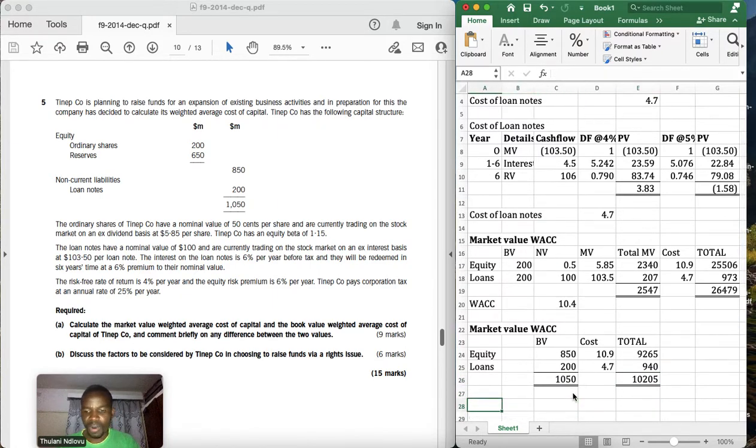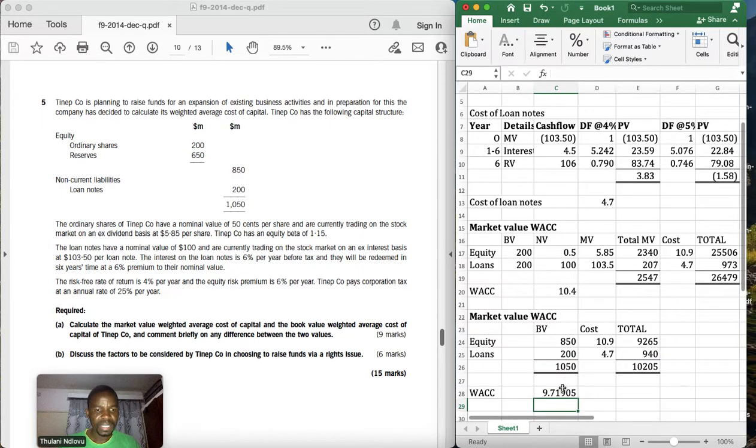Then we calculate our WACC. Our WACC, as usual, will be the total divided by the total for the book values. Then our WACC to one decimal place will be 9.7 for book values and 10.4 for the market values.